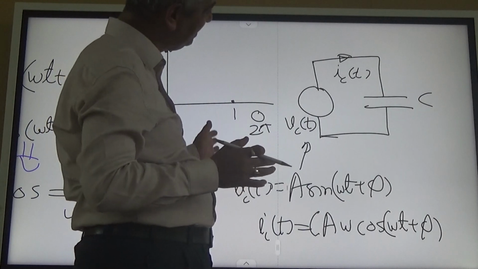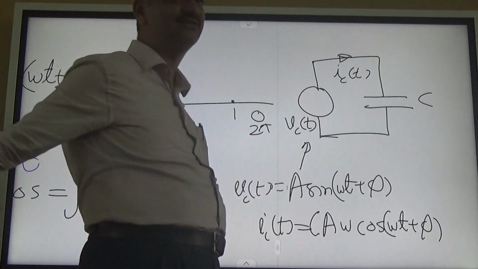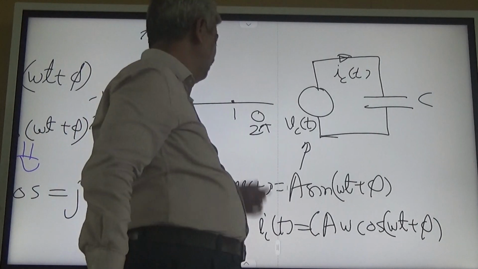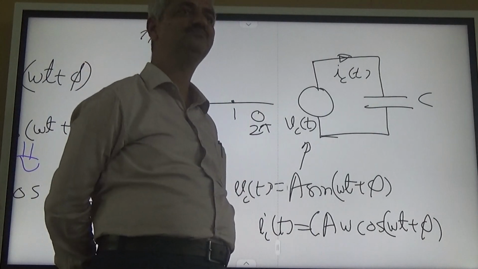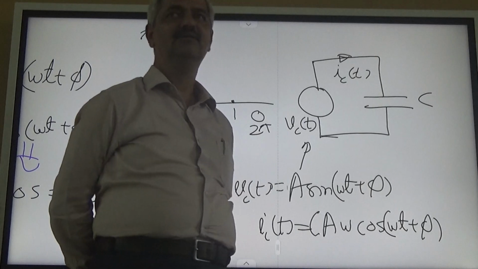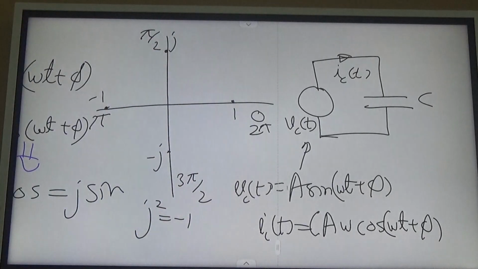If I consider C to be like resistance, what can I do? Can I take the ratio of VC(t) by IC(t)? And what is the ratio there?